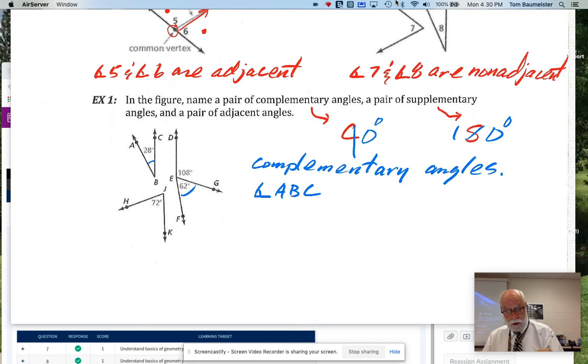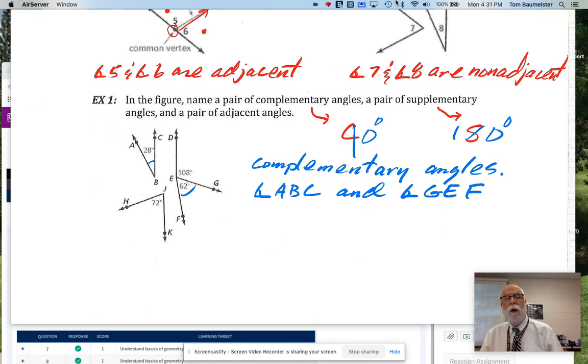They don't have to be adjacent, the total just has to equal 90 degrees. So angle ABC and angle GEF are complementary.